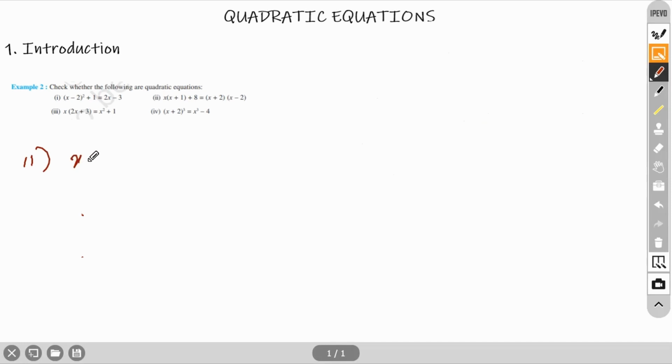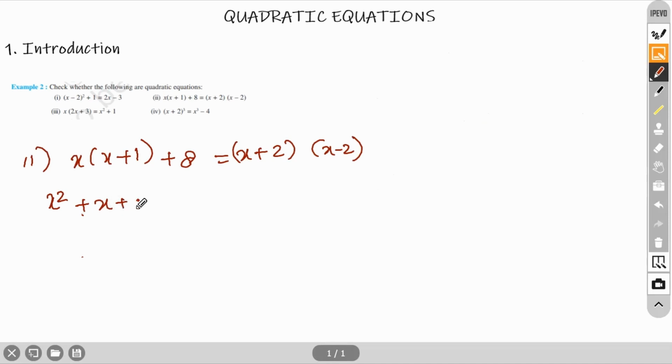The next part is x times x plus 1 plus 8 equals x plus 2 times x minus 2. Now opening the brackets and simply multiplying the terms, we'll get x square plus x plus 8 equals x square minus 2x plus 2x minus 4.